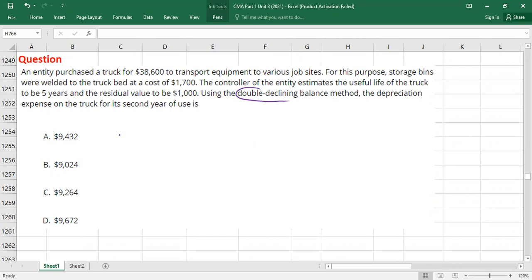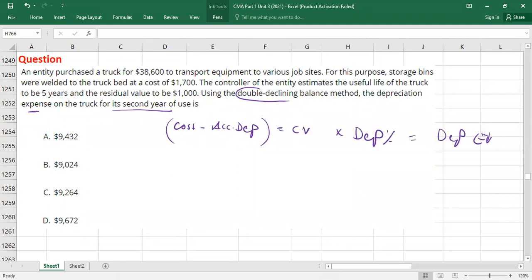Double declining. So you have to calculate depreciation expense on the truck for its second year of use. Double declining. First tell me what is the formula? Cost minus accumulated depreciation is equal to carrying value, multiplied by depreciation percentage is equal to depreciation expense, right? Right or wrong?